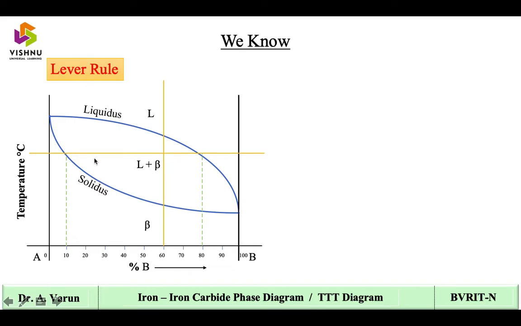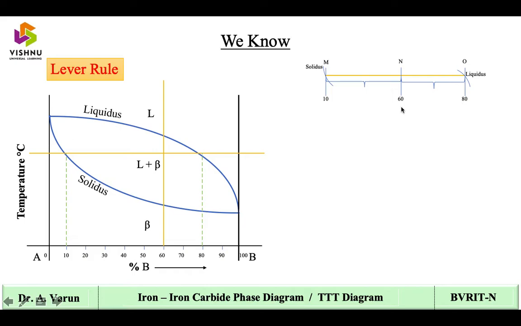Now you can make this into a line diagram where you can divide this into M, N and O, where the composition has been given directly. The solid composition is 20B and liquid composition is 80B, and the unknown we need to find out is at this 60.